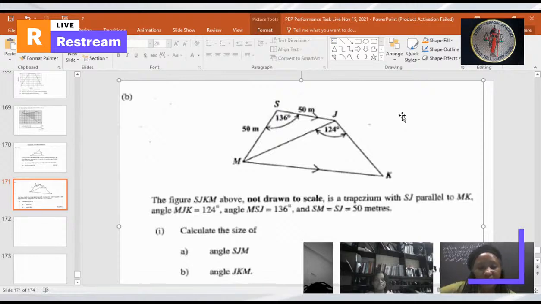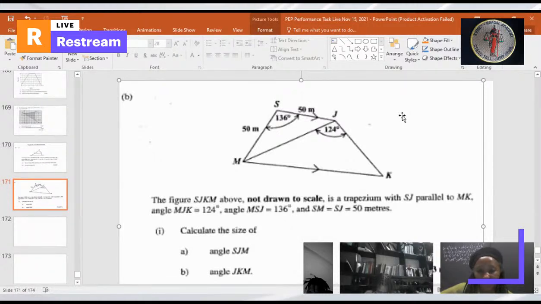We're going to use the sine rule. It's not the one with the area of the triangle, half ab sine C. The sine rule says a over sine A is equal to b over sine B.